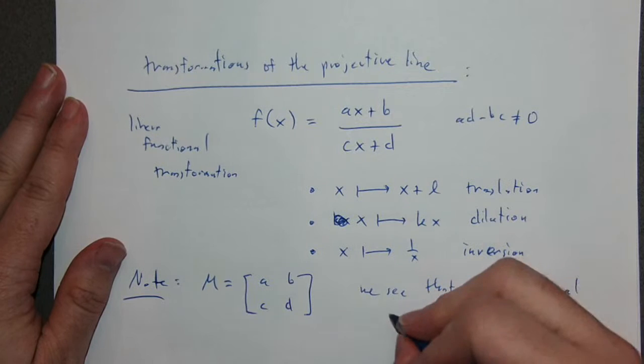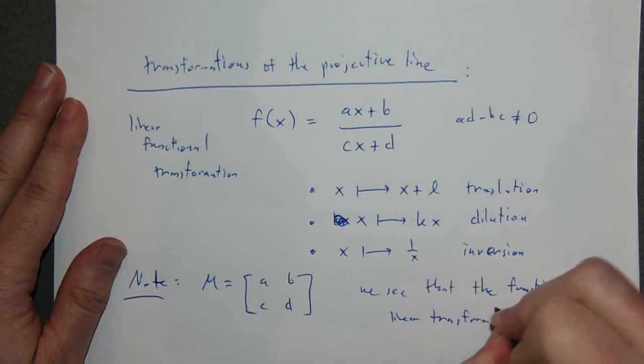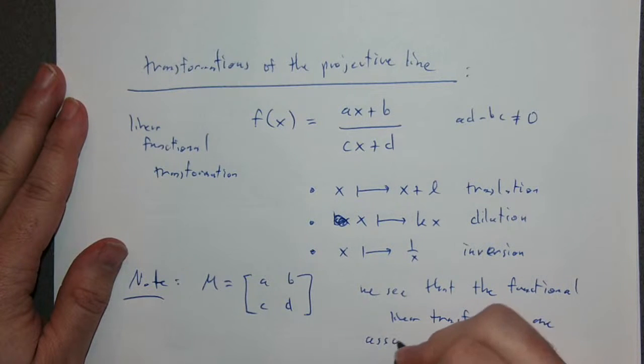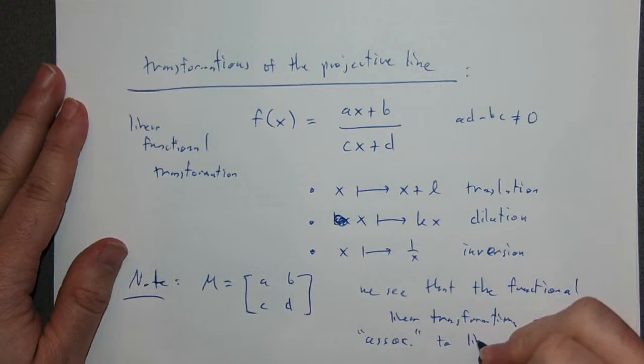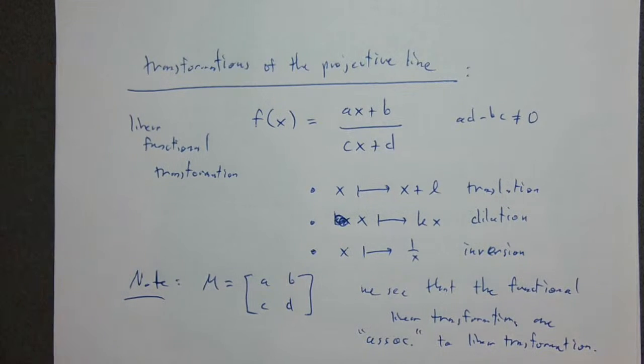So we see that the fractional linear transformations are associated in some way, I'm going to put that in quotes, to linear transformations. We'll see the nature of this association in a second.